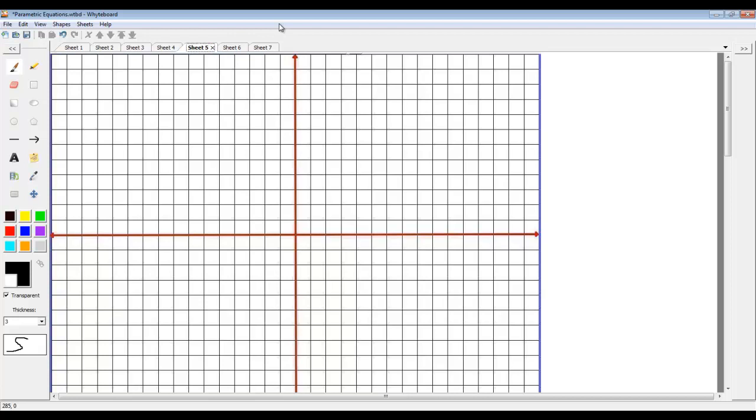Alright, now let's get into some more application stuff dealing with this. One of the application deals is looking at something called a cycloid. It's a case of a trochoid.